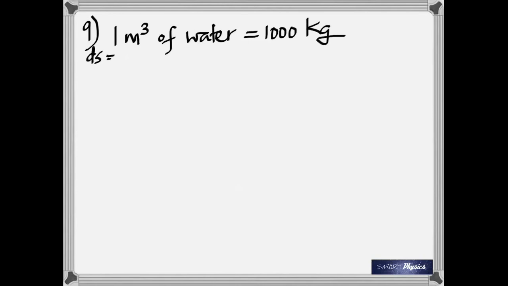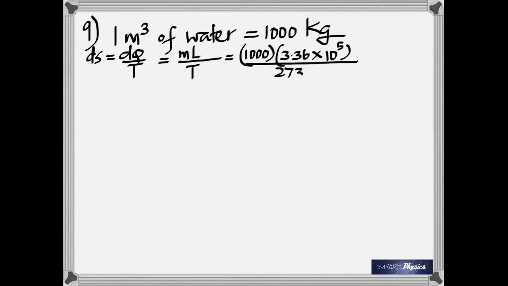Well, the density of water is 1000 kilograms per meter cubed, so 1 meter cubed of water has a mass of 1000 kilograms. That's the latent heat of ice. You get the change in entropy of that process.